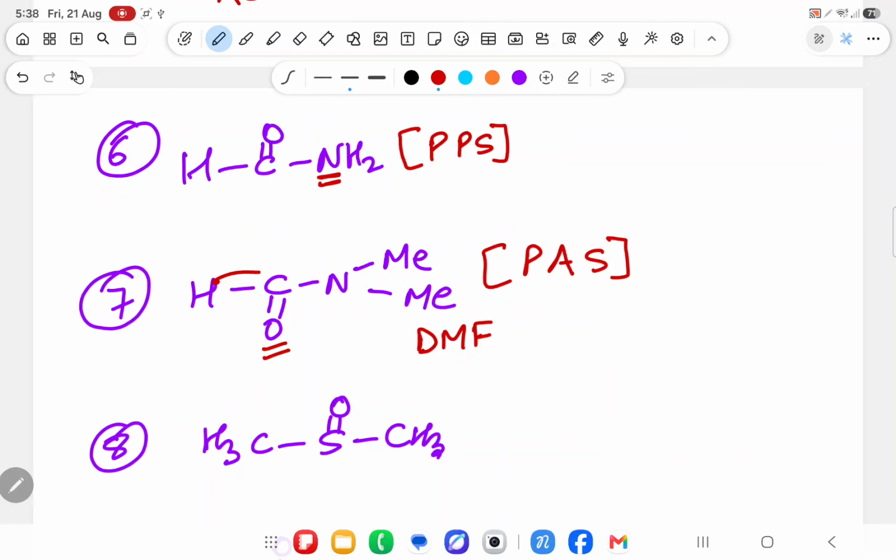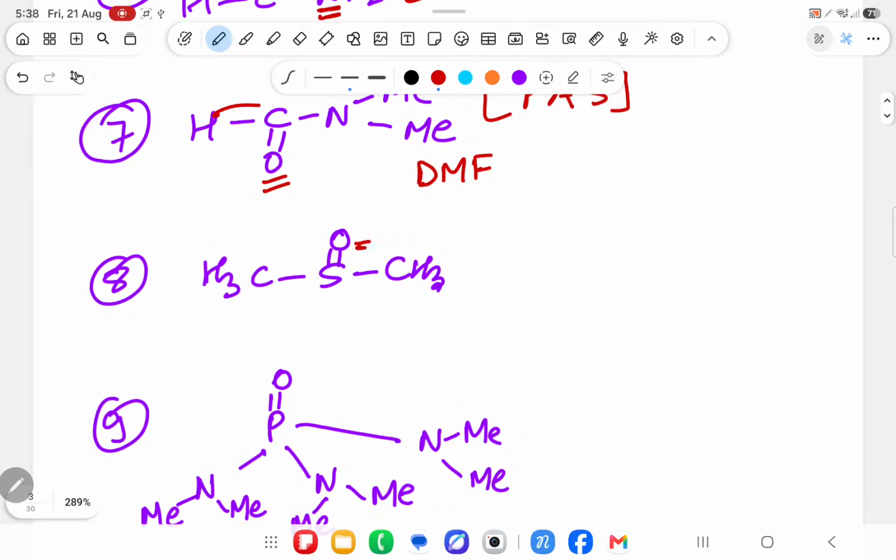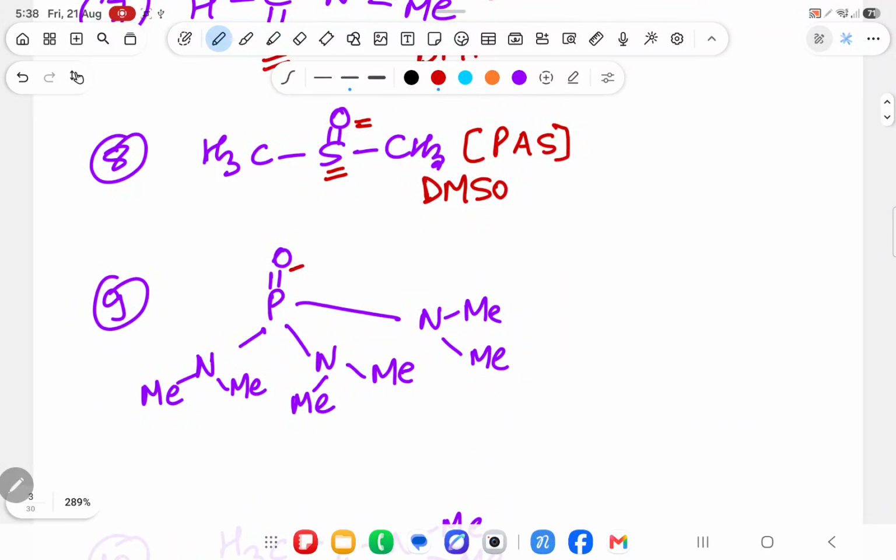Again here, oxygen no hydrogen, sulfur no hydrogen. It is also a polar aprotic solvent. Its name is DMSO, dimethyl sulfoxide. In this one, the oxygen has no hydrogen, and the nitrogens have no hydrogen, so this is also a polar aprotic solvent.